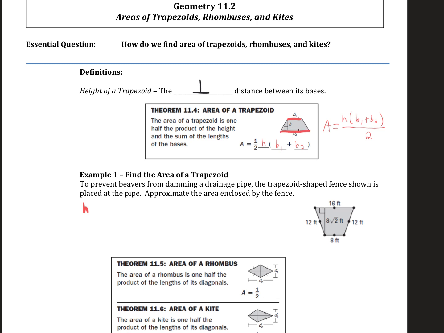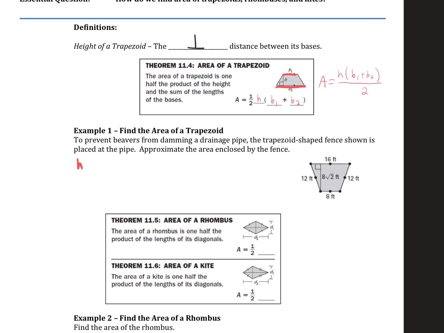What's the height of this trapezoid? The height is going to be 8 square root of 2. What's one of the bases? We got 16, and base 2 is going to be 8.